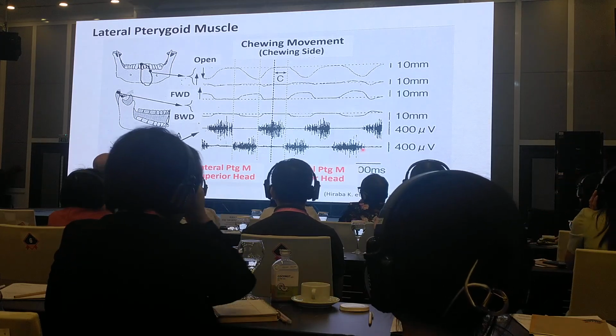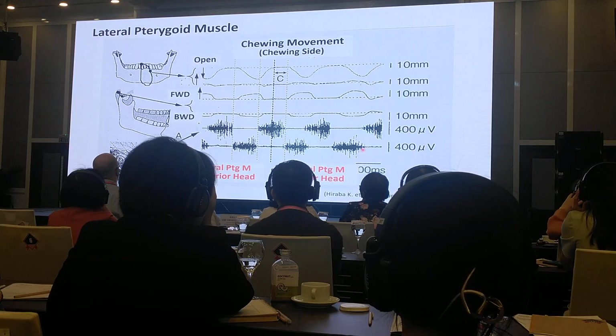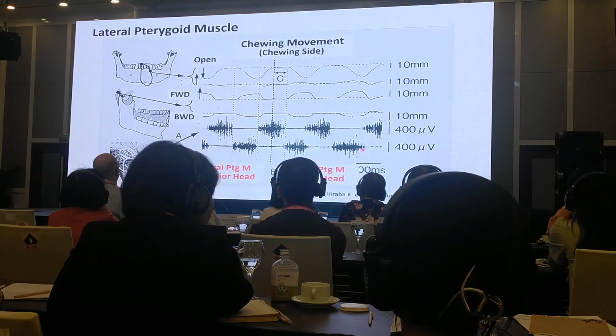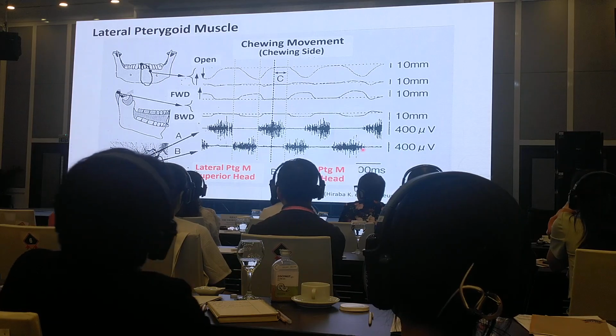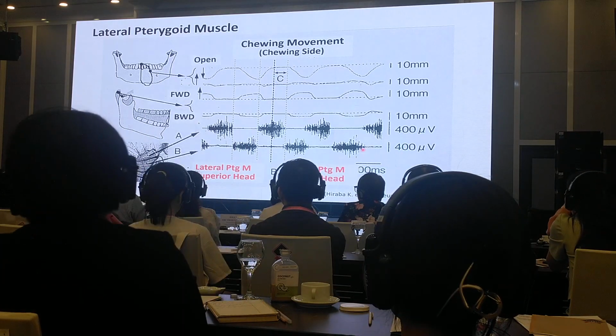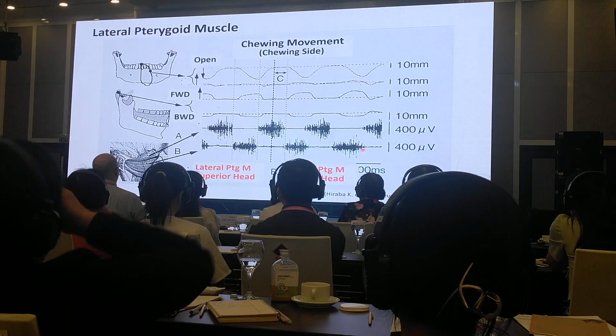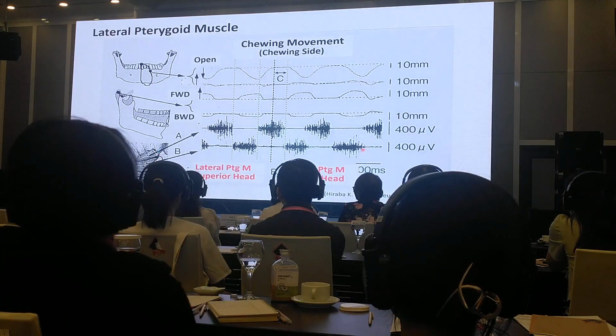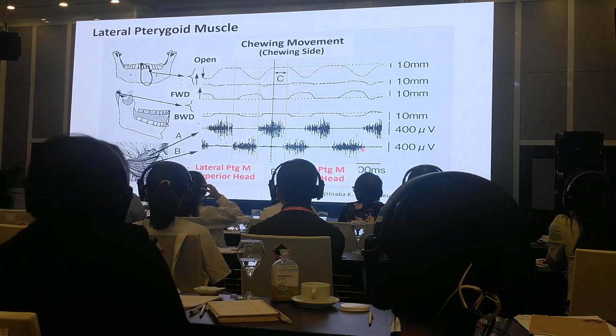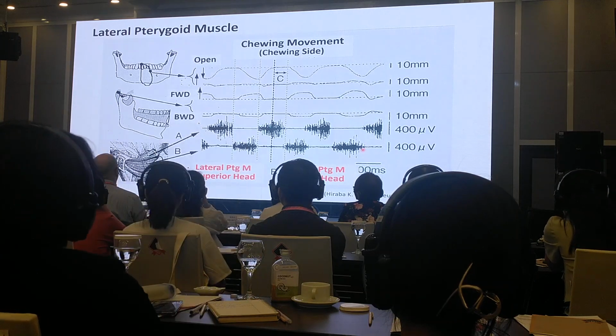Then this is a chewing movement. This is the opening situation. First, here, pulling the condyle forward. But now the closing situation, the upper superior head is active.